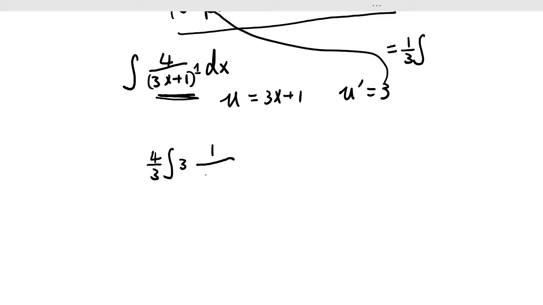Then 1 over 3x plus 1 dx. Now we can follow our formula. This is u prime. Now we are done. So 4 over 3 ln of u, where the denominator is 3x plus 1, plus c.